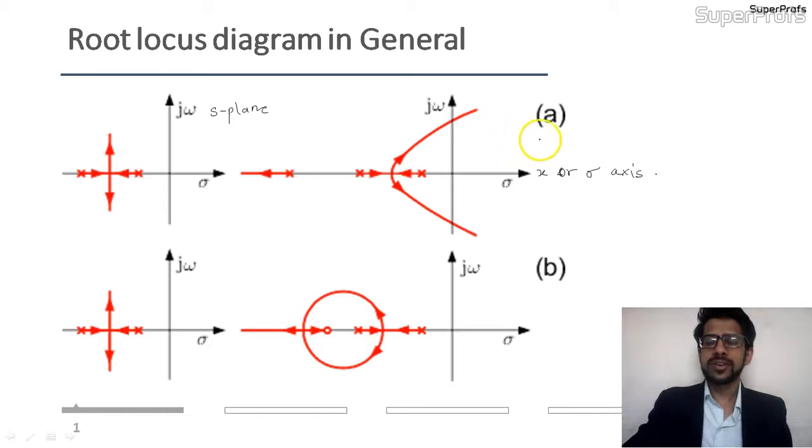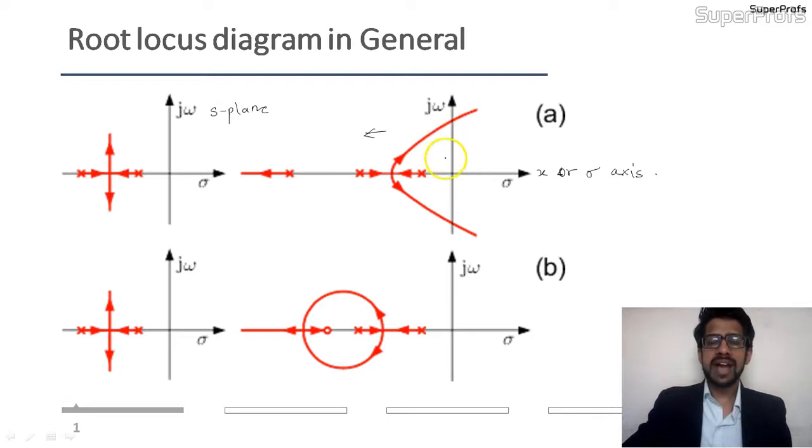As you already know, when a root of the characteristic equation lies in the left hand side of the S-plane, the system is said to be stable. All these red marks that you see in the diagram represent the values of roots or the values of s.